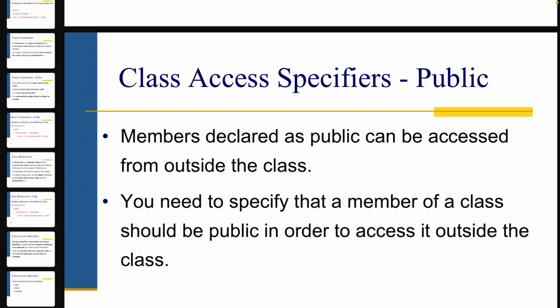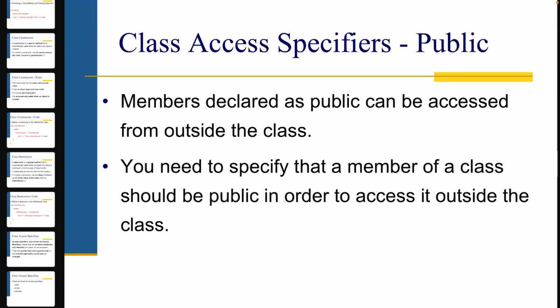Members declared as public can be accessed from outside the class. So when a member is public, you can access it outside the class, and you need to specify that a member of a class should be public in order to access it outside the class.